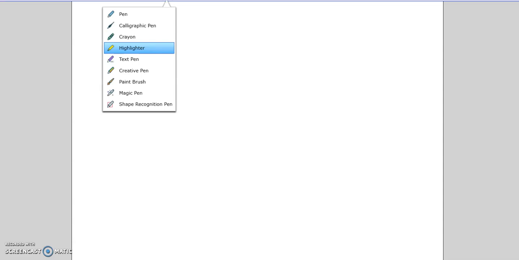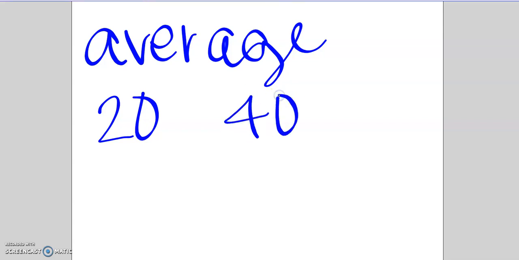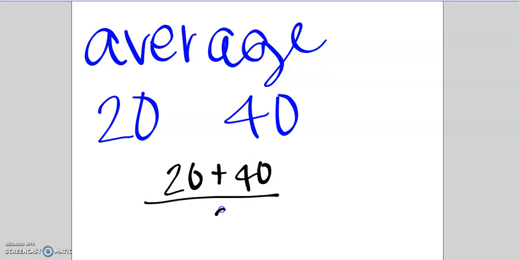I want us really quickly to relate midpoint to average. So if I asked you to find the average of these two numbers, I don't know, 20 and 40, how would you find the average of those two numbers? What you're probably going to do, you're going to add them up, 20 plus 40, divided by 2, right?